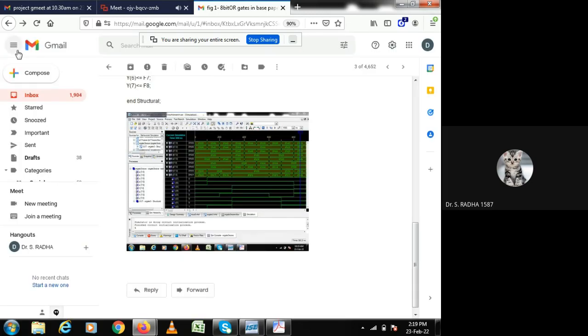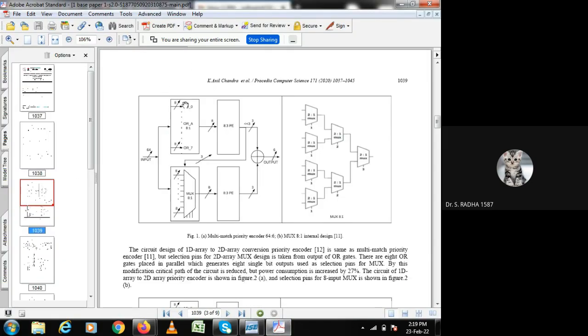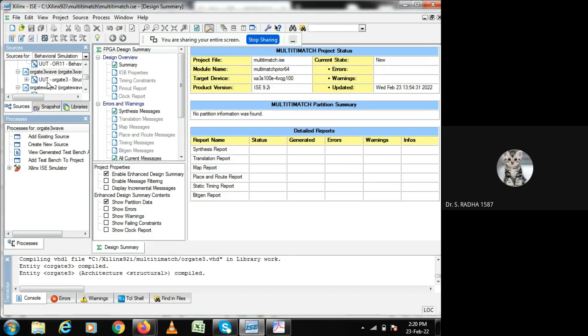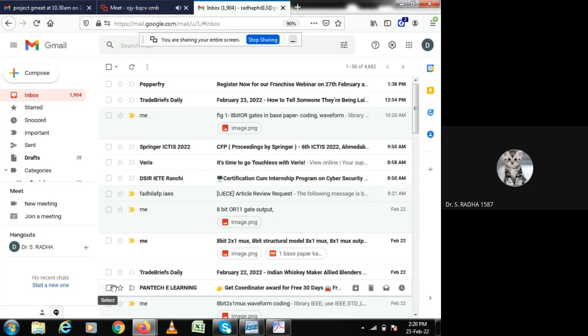So now what is completed? This OR gate I have completed. So next, the 8x3 priority encoder. Last semester itself we have done the 8x3 priority encoder. For that I didn't try a waveform here, or I tried and deleted, something like that.